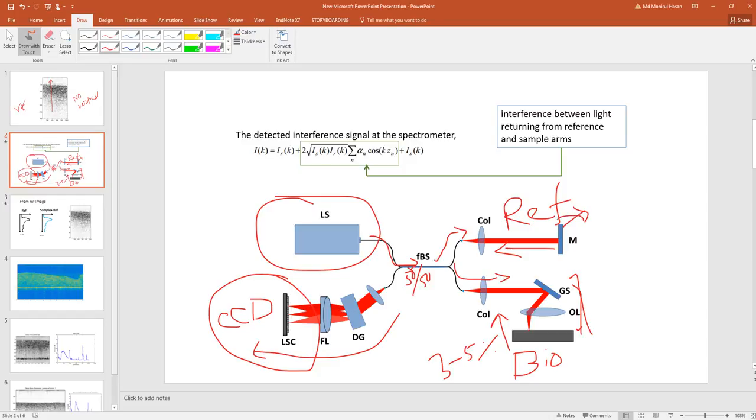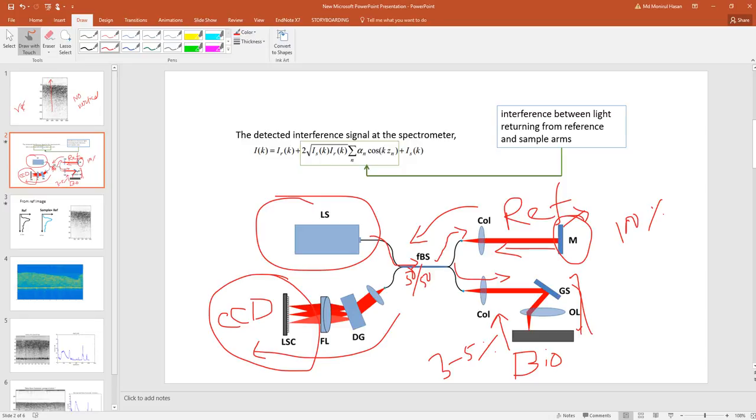Say this is a mirror, right? The mirror is highly reflective, 100% reflective. So we get the most light from the reference arm here, and the camera is basically detecting the light from the reference arm.